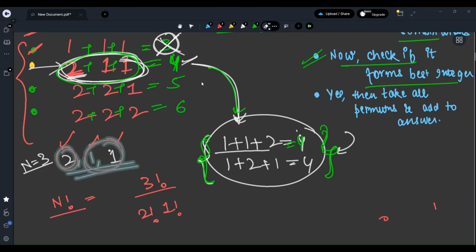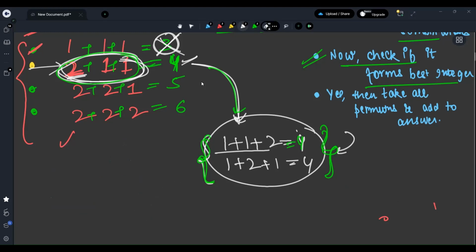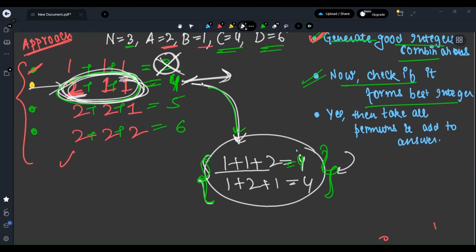Similarly here, since this gives me the correct answer, how many arrangements can we have? 3 elements, 3 factorial upon 2 factorial, 1 factorial. We make the grouping and this will be equal to 3. Okay. So I got the answer as 3 currently.